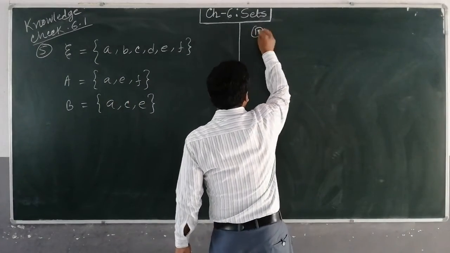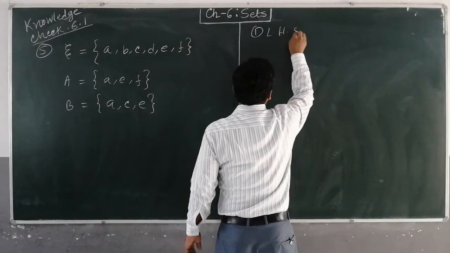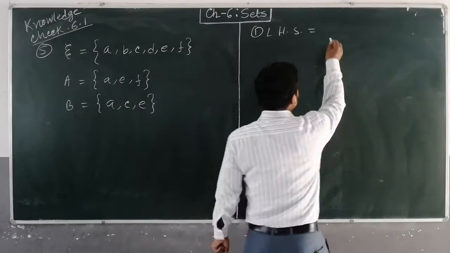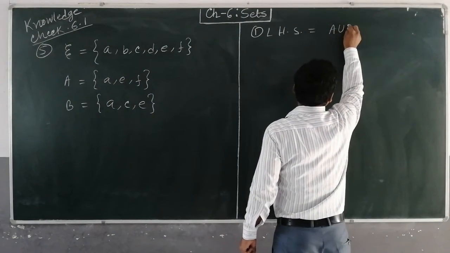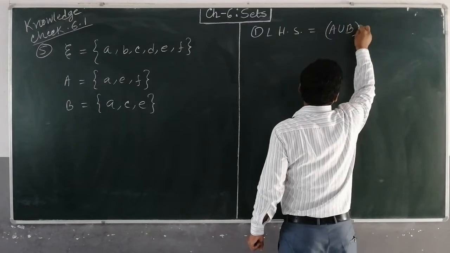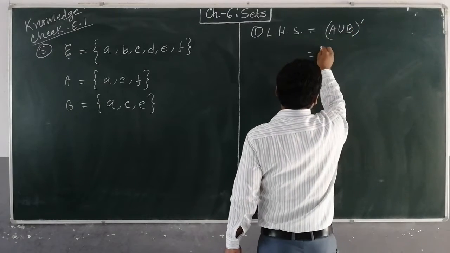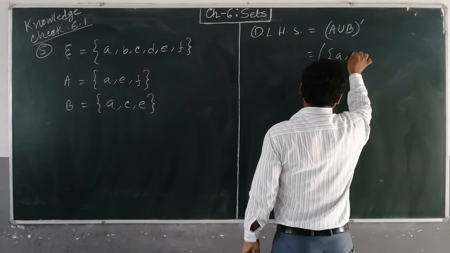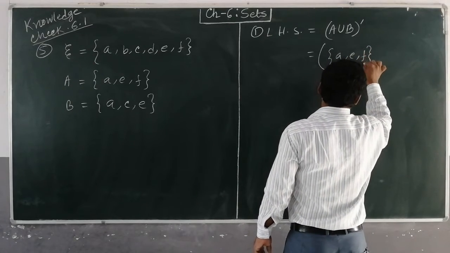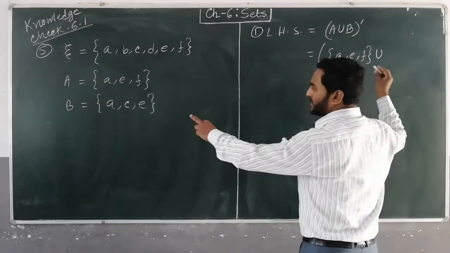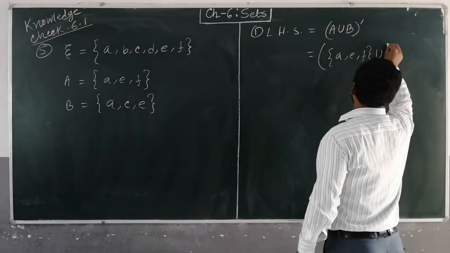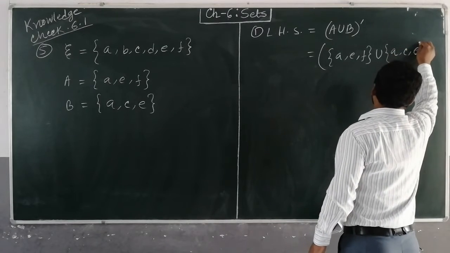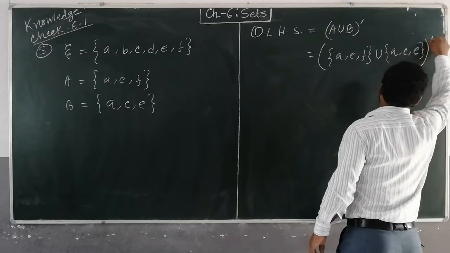In case of verification, I told you to take the left hand side first. So the left hand side is (A ∪ B) complement. A is the set {a, e, f}, union B is the set {a, c, e}, and complement.